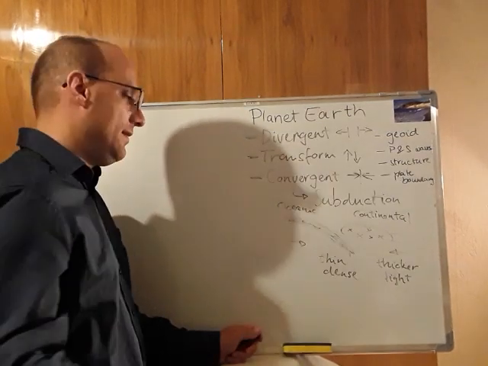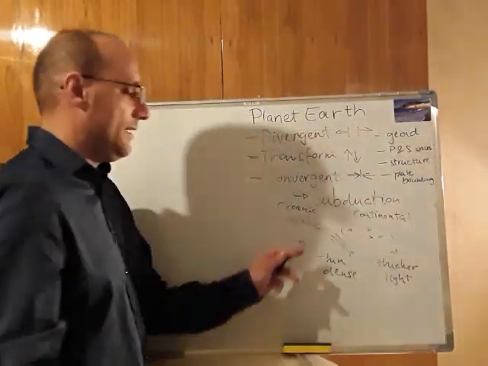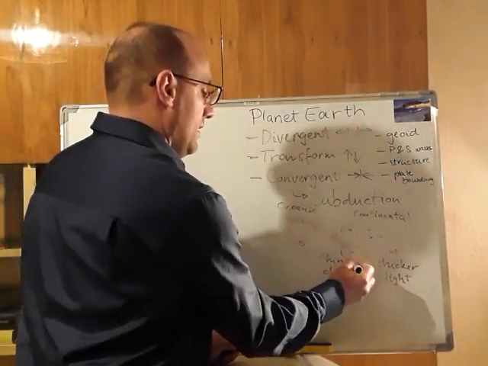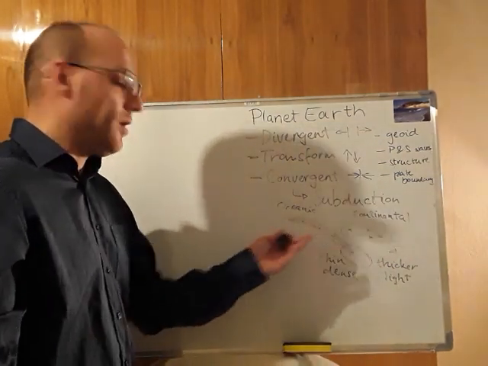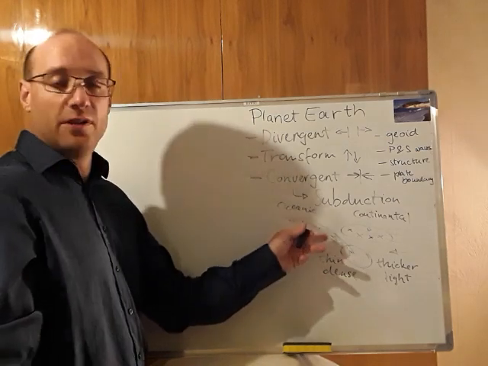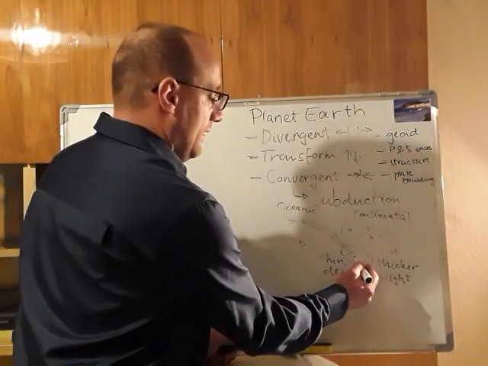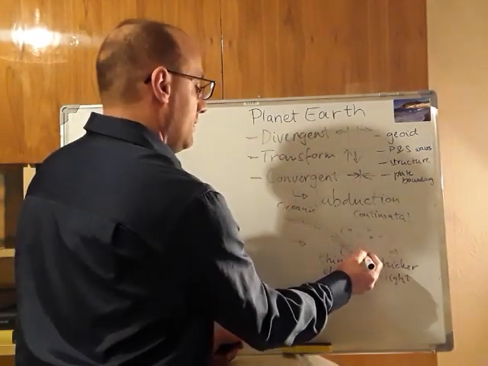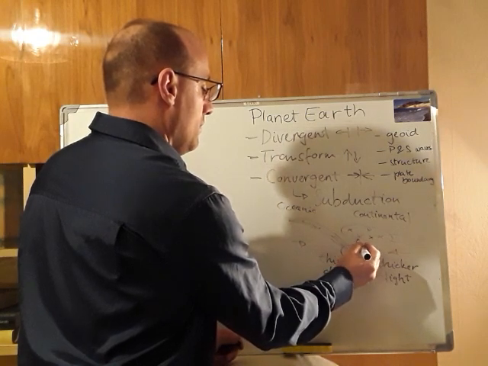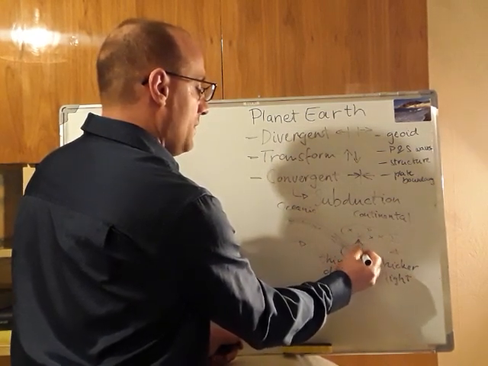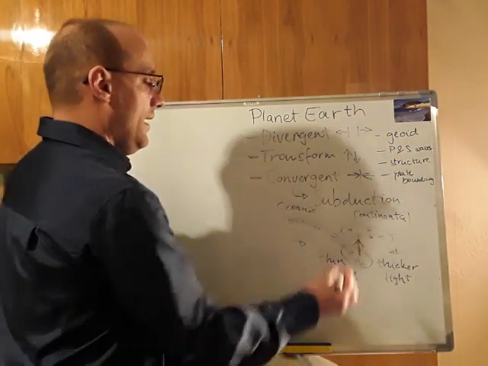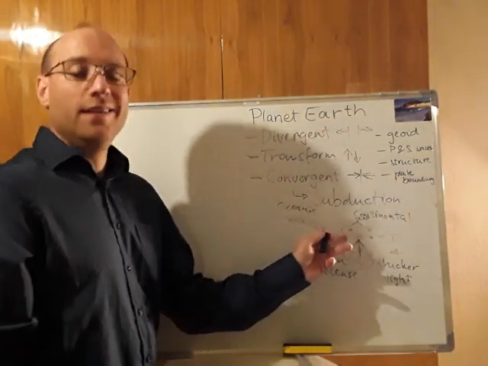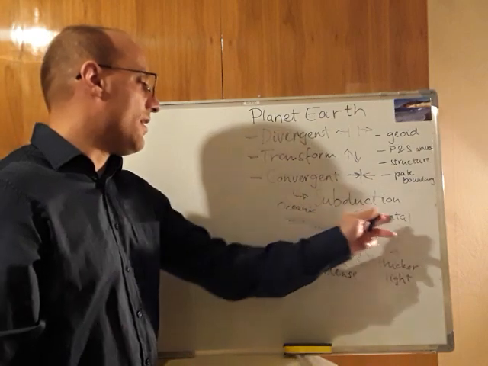And what will happen in this case is that if we have this kind of thin but dense material, it goes deep down under. Here it can be around maybe 10-20 kilometers deep. At that point, this material, thanks to the heat of the earth, will melt. The magma that is formed from this melted material can come to the surface, and then we have volcanic activity. You don't necessarily need to have continental crust.